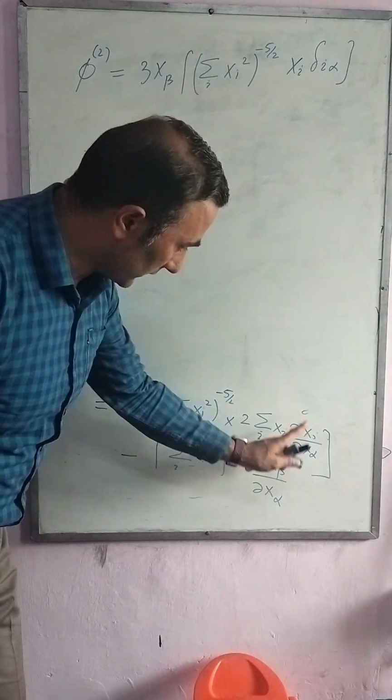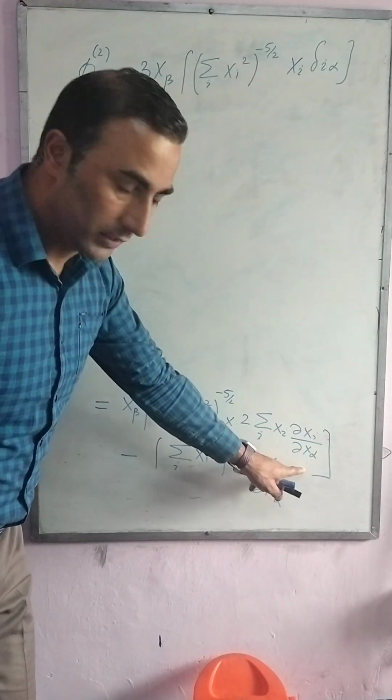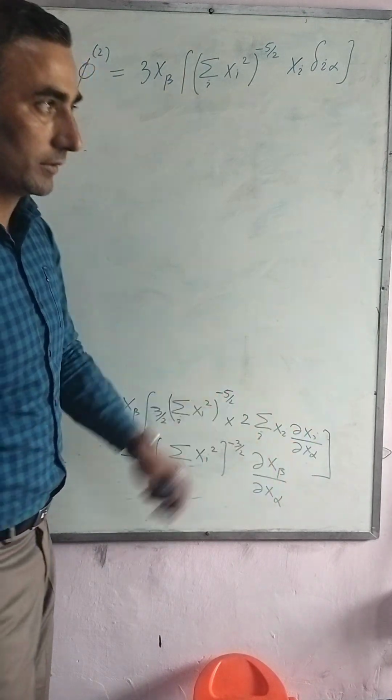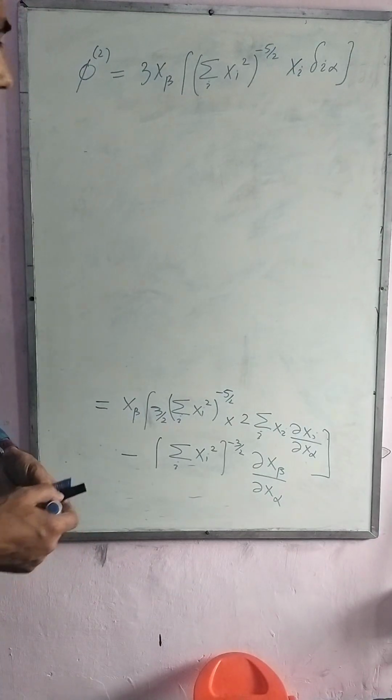Because this is partial xi by partial x alpha, so this is delta i alpha. Because when i equal to alpha, so this becomes partial x by partial x, right? Like that. Because i takes values 1 to 3, okay.